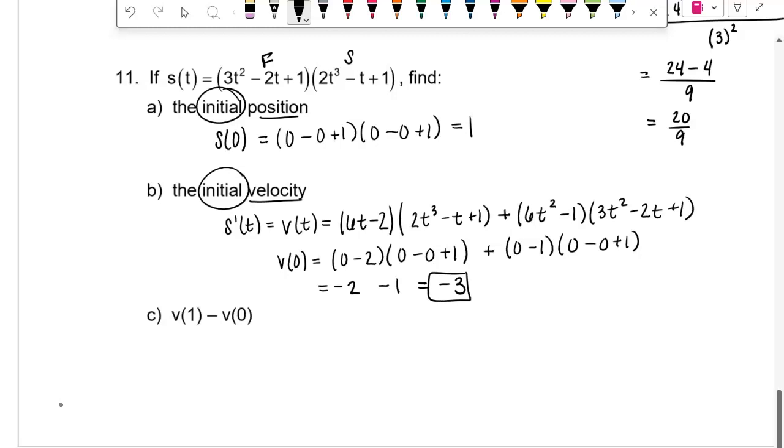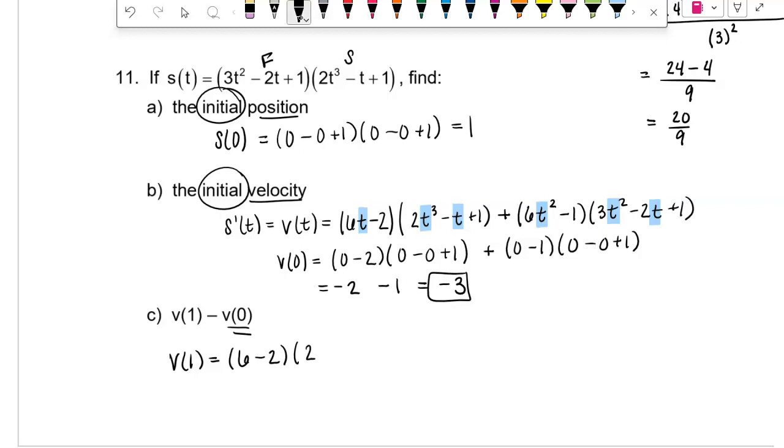Finally, we need to figure out what v of 1 minus v of 0 is. So we already figured out what v of 0 is. We found it in the previous problem. It's negative 3. The next thing that we have to do is figure out what v of 1 is. So v of 1 is found by plugging in 1 into all the t's on the previous part. So when you're plugging in all your 1's, you should have 6 minus 2, 4.